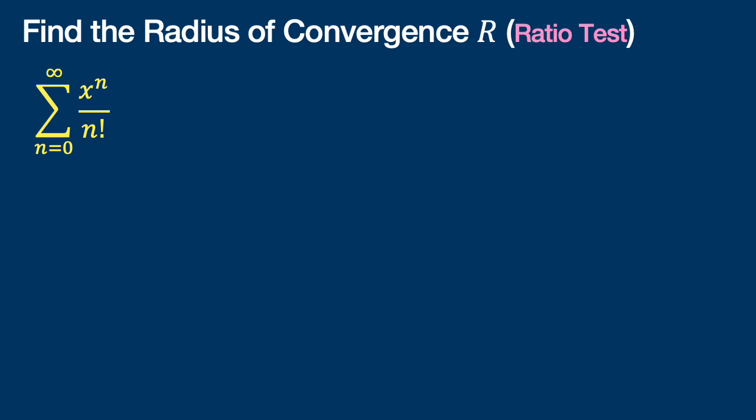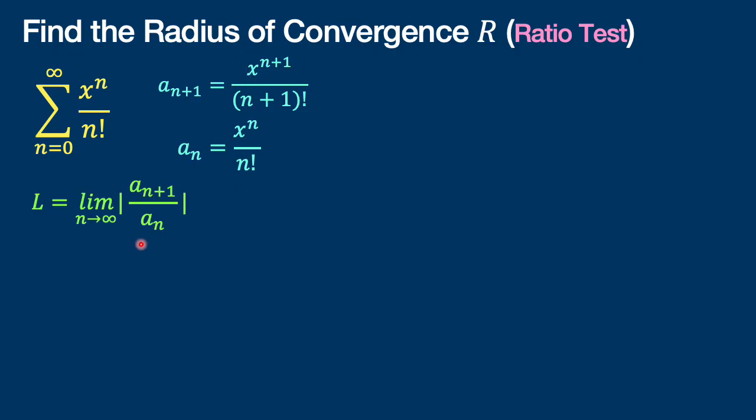We're gonna have another example with a different radius. So we have another power series. We want to find the radius of convergence. a_n is gonna be x^n over n factorial. a_{n+1} is gonna be x^(n+1) over (n+1) factorial. Let's find the ratio.